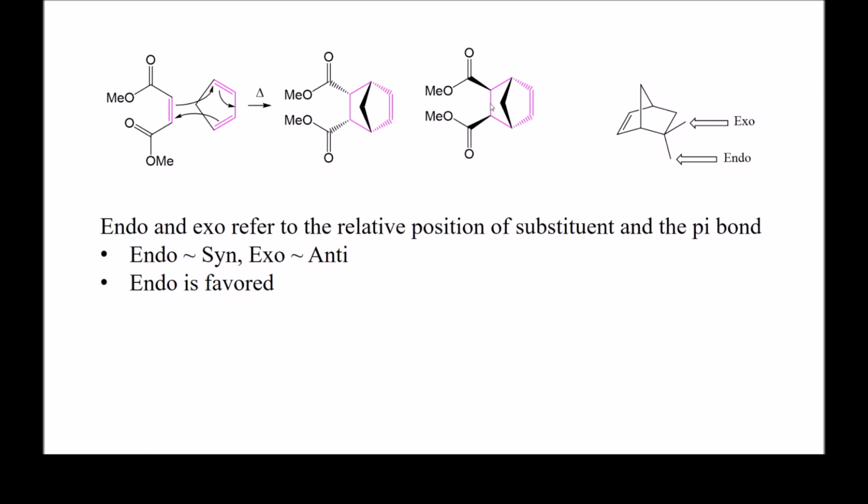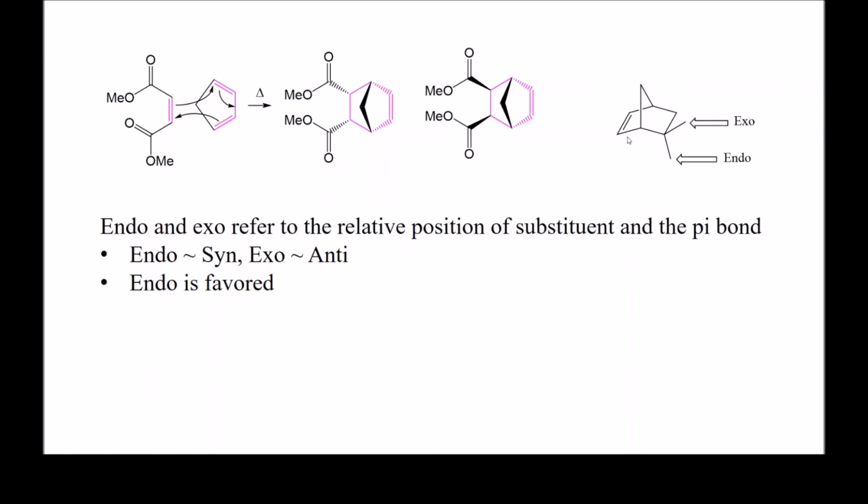If I take this six-membered ring right here and turn it sideways, then that's what you're looking at right here. That's that same six-membered ring. This bridging carbon that's coming across the top is this bridge over the top. And hopefully now this gives you a better view of how endo means that the substituent coming off of that six-membered ring is down, and the pi bond is also down.